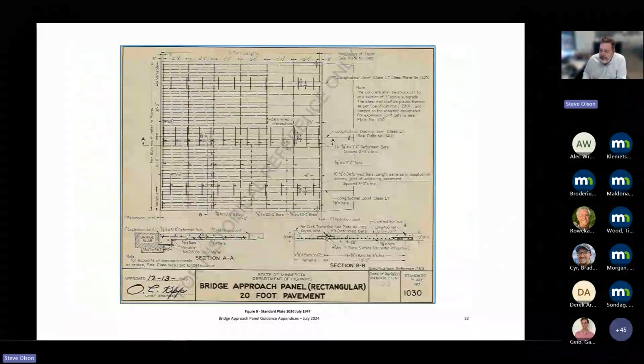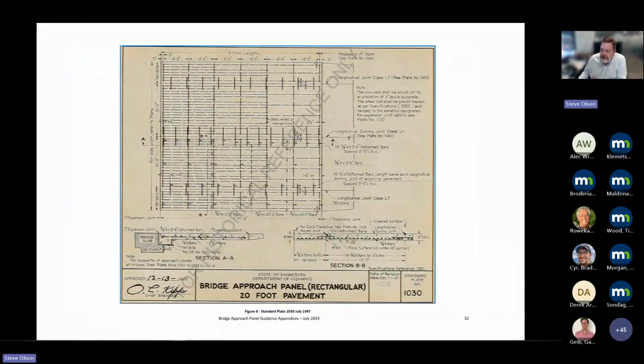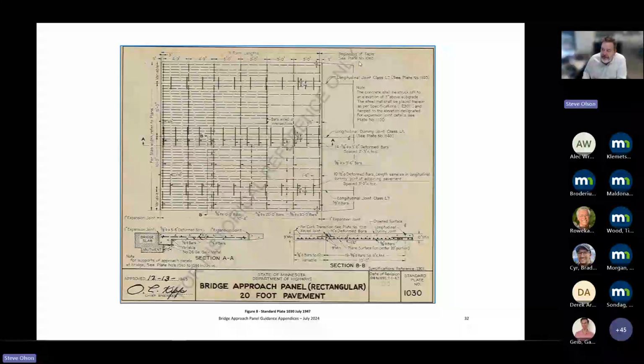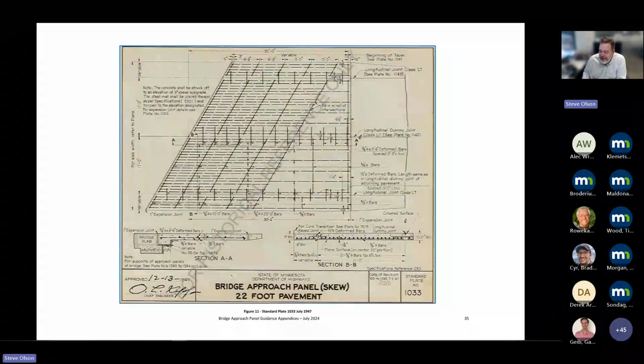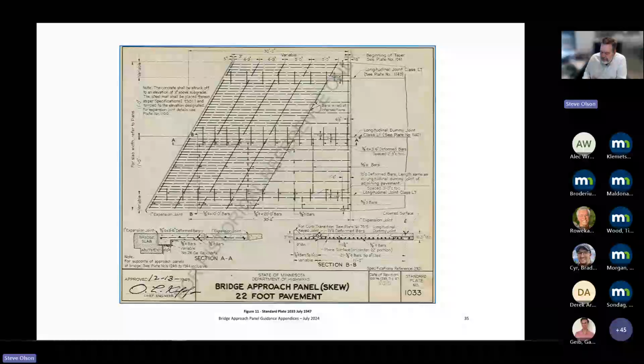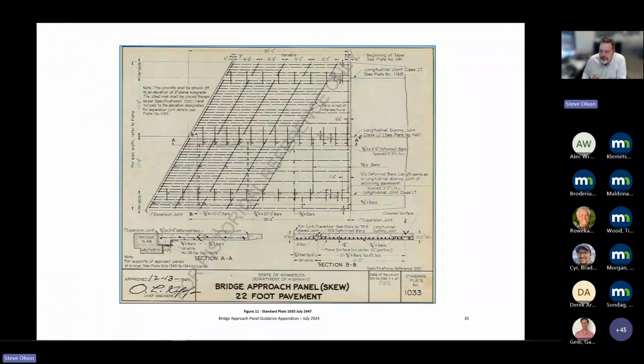And so some of these old sheets are entertaining from an engineering perspective, I guess, but once they're on the website, Braden will post them and you'll be able to have them at your fingertips if you've got some old bridge projects in your collection.